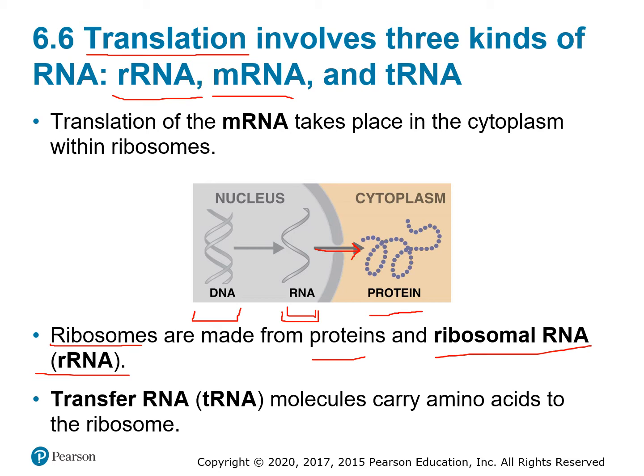And then there's a third type of RNA called tRNA, which stands for transfer RNA. It's the job of the tRNA molecule to carry the proper amino acid to the ribosome so that it can be linked together to form the polypeptide, which will ultimately become the protein.